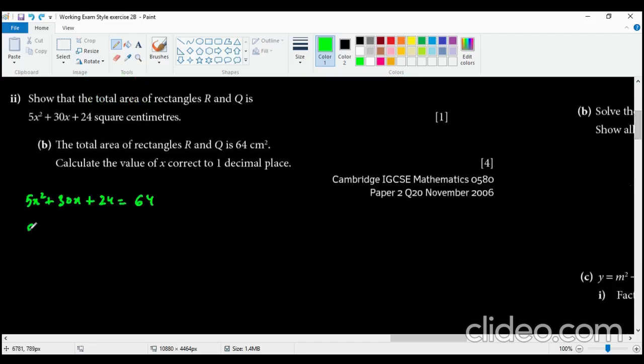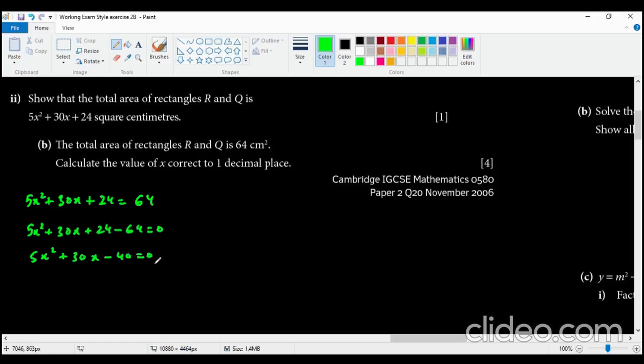This gives us 5x square plus 30x plus 24 minus 64 equals 0. That means 5x square plus 30x minus 40 equals 0.